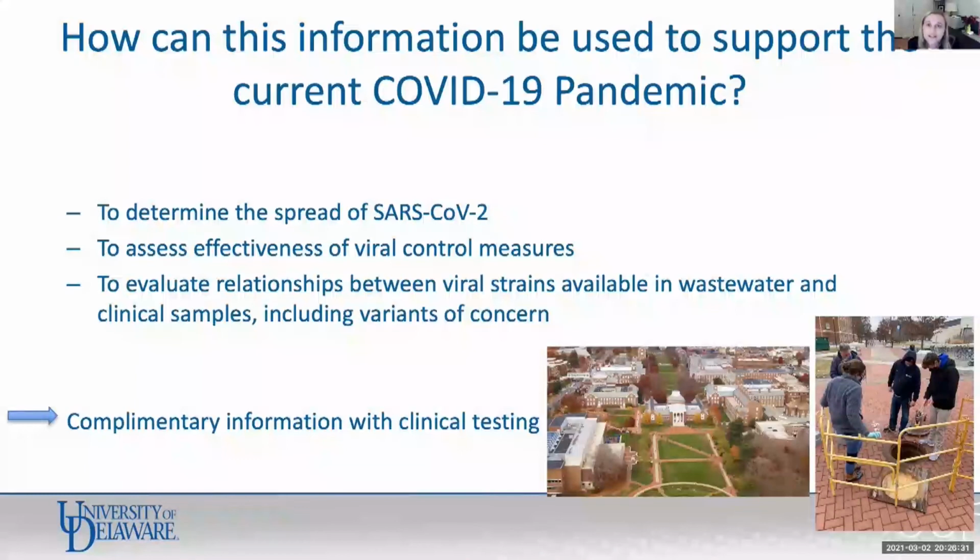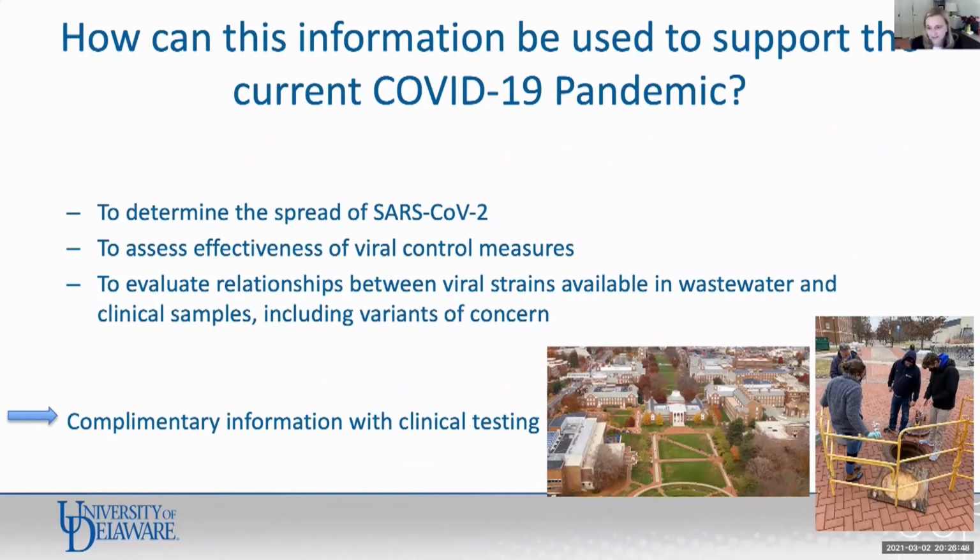So how do we use the information now to support the current COVID-19 pandemic? And so I'm going to show you some specific data that comes from my lab as well as around the world. And as we've all looked to try to understand the spread of SARS-CoV-2.